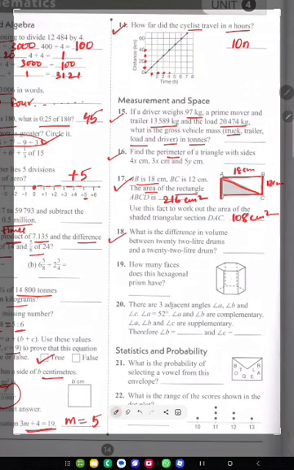Question 18. What is the difference in volume between 22 liter drums? So we have 20 drums, and they are 2 liters each.